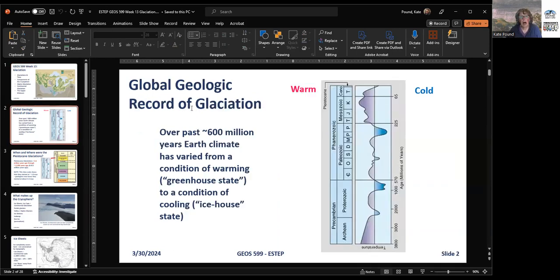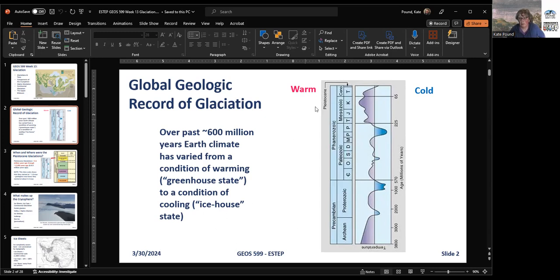Okay, so first of all, let's just think really big picture. So the global geologic record of glaciation. So the text here points out that over the past 600 million years, the Earth has experienced climates that vary from really warm, referred to as greenhouse state, to conditions of cooling or icehouse state or condition.